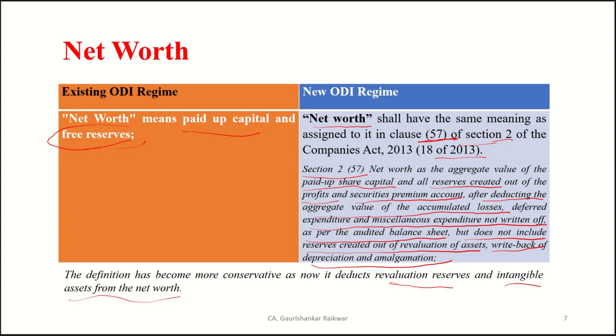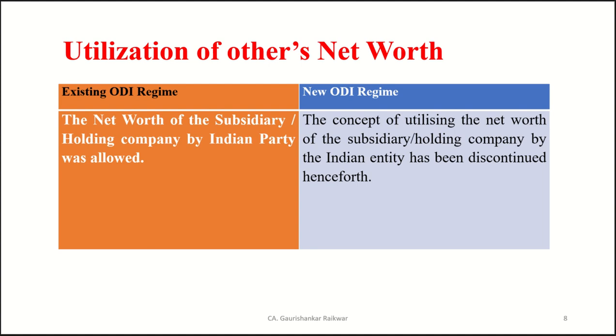Now, utilization of others' net worth. Under the existing or old regime, there was a concept of utilizing the net worth of a subsidiary or holding company by the Indian party. If your net worth was not sufficient, you could borrow the net worth of your other group company or holding company.